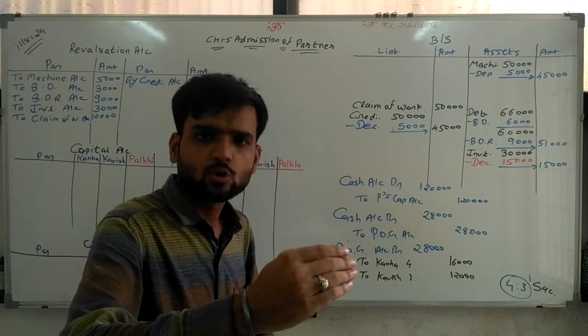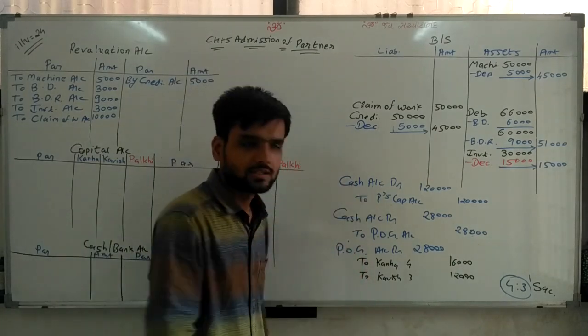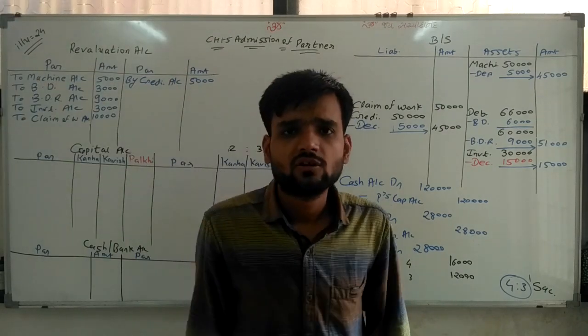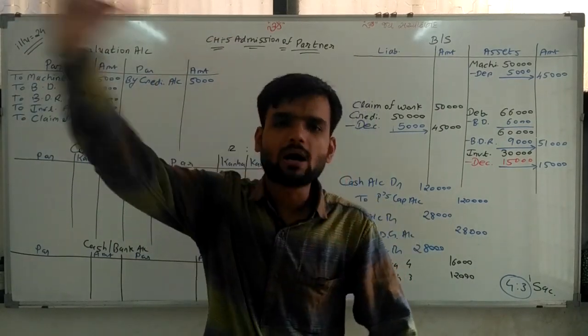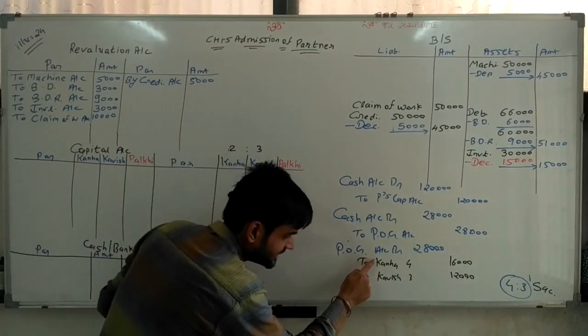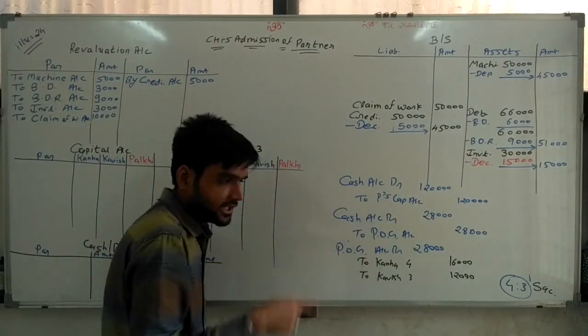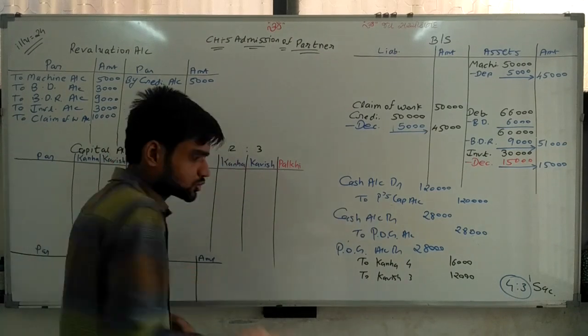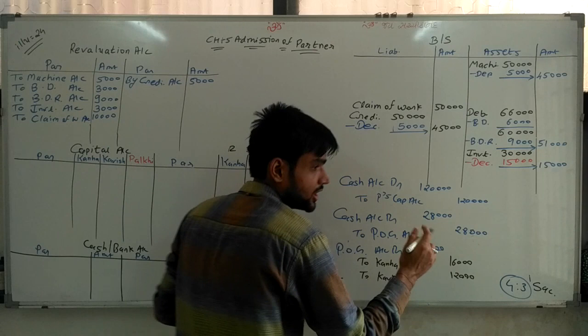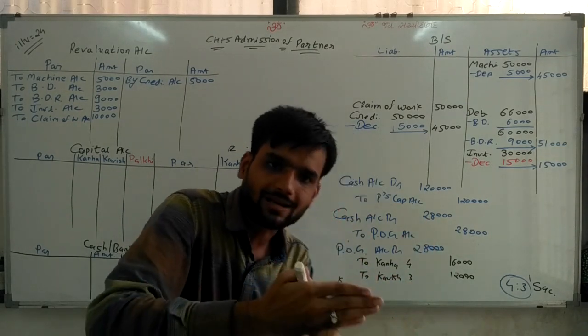Whatever goodwill is received by partners, 50% amount is withdrawn by the partners. So don't worry about it. Kahana and Kavisha are credited, and they are withdrawing the amount, so Kahana and Kavisha are debited, but only 50% amount.